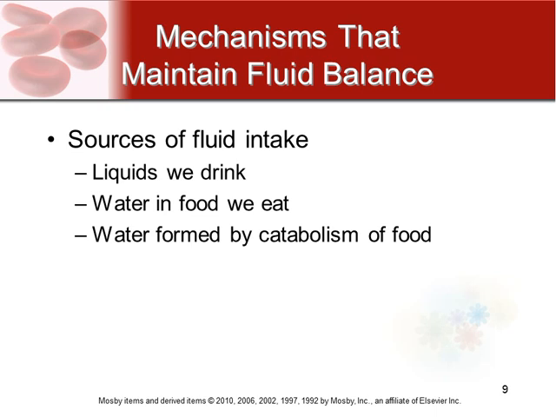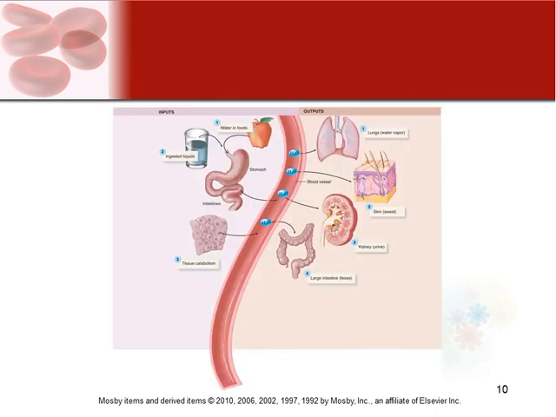So sources of fluid. For the most part, we get the bulk of our fluid through stuff that we drink, like drinking water, but we can also absorb some water from food that we eat, or water can be formed by breaking down the molecules in food that we eat and recomposed as H2O. So this is just an example.